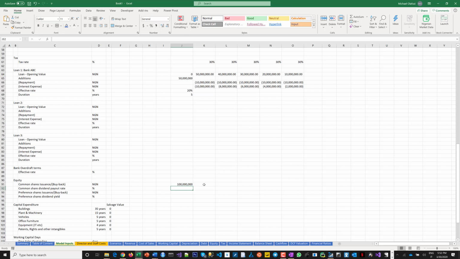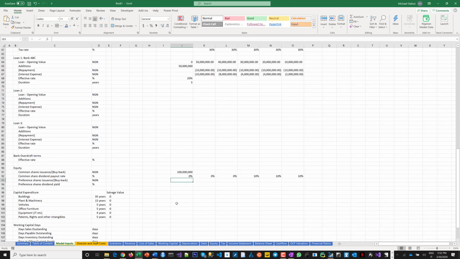So for the first couple of years, they don't intend to take out any dividend, but then for the last 3 years they plan to do like a 10% dividend payout. No preference shares, so that will be left blank.